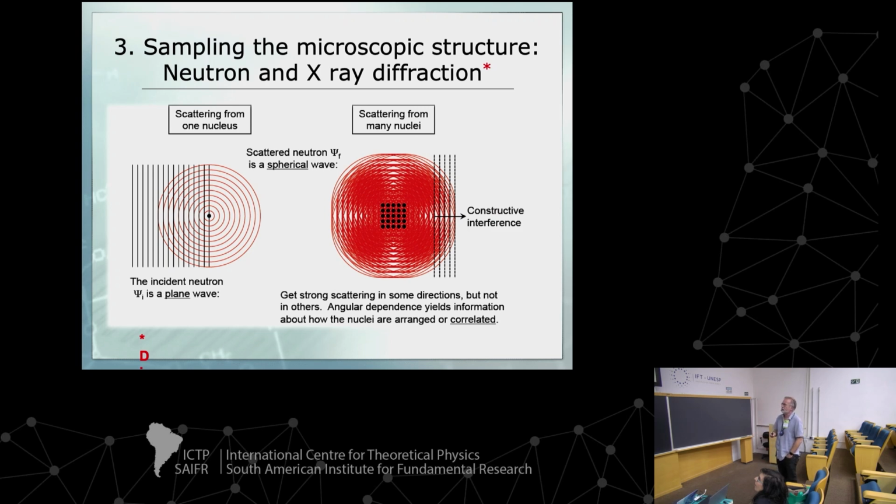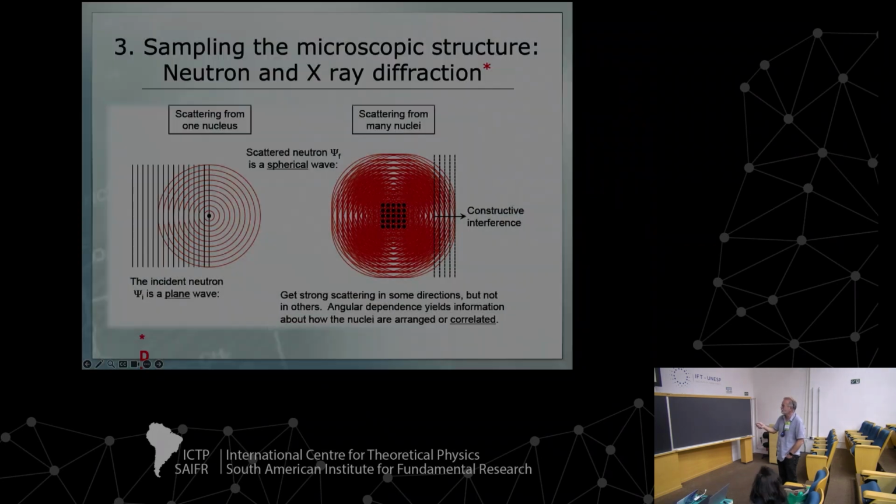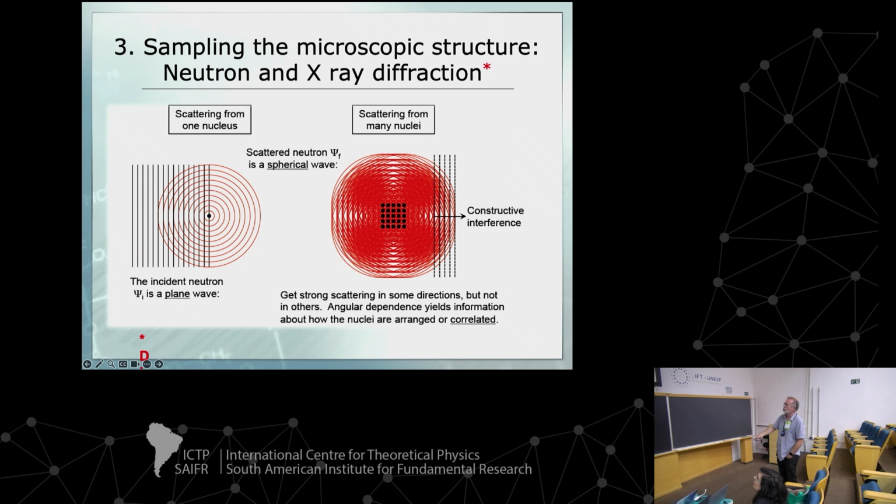Let's see what happens now when we have multiple scatterers. That was the example we saw before. Oops. What happens? Is it strange? Well, okay. On the left, you see the plane wave, you see the scatterer, and you see the spherical wave.